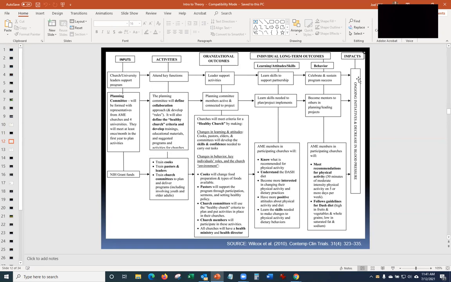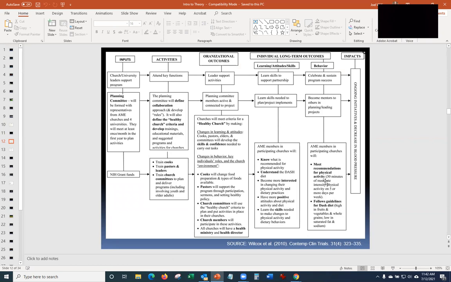So the impact or outcome or goal in this particular logic model is decreasing blood pressure. The behaviors that would lead to that include following the DASH diet, which is a blood pressure reducing diet that's evidence based, and also increasing physical activity.